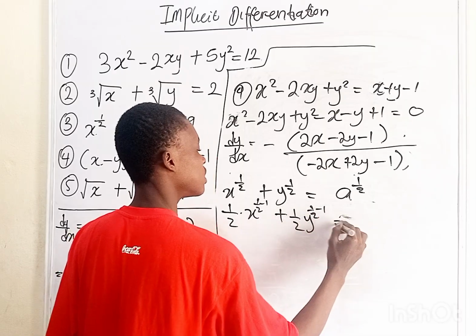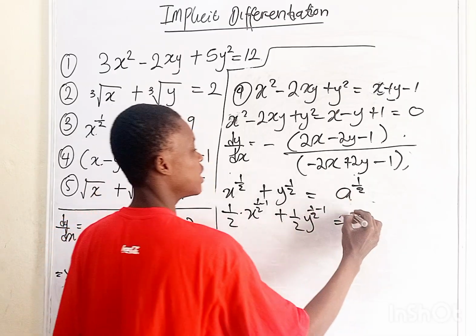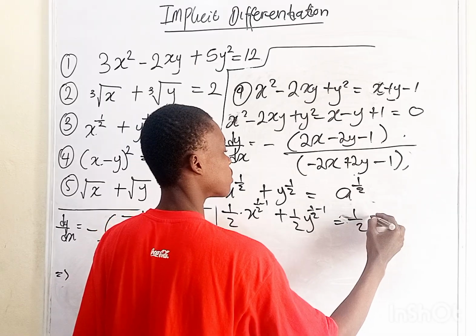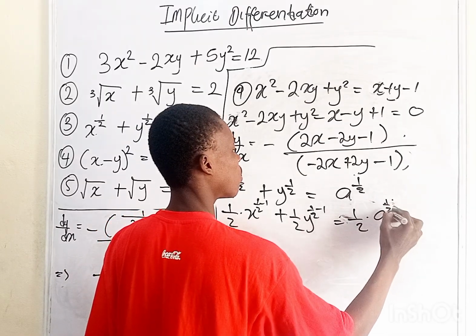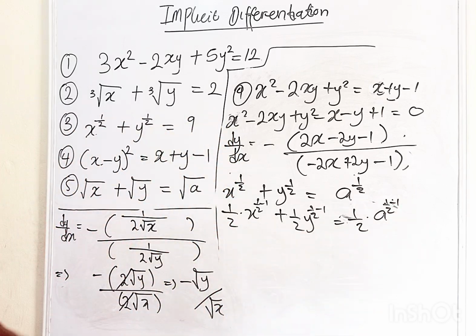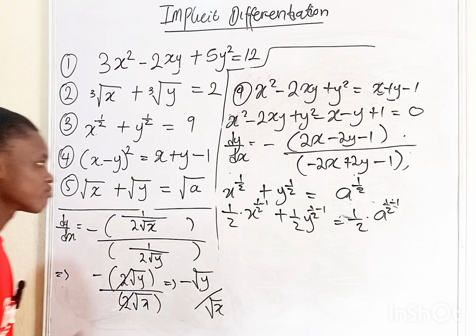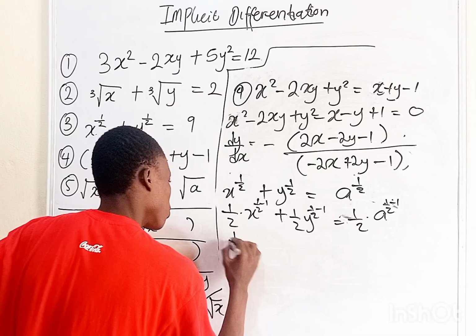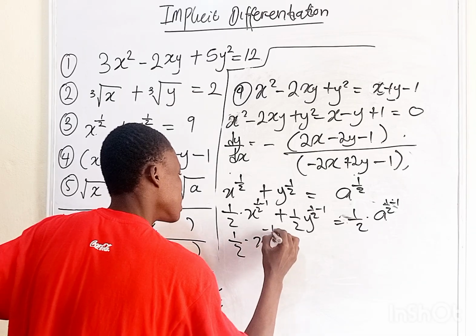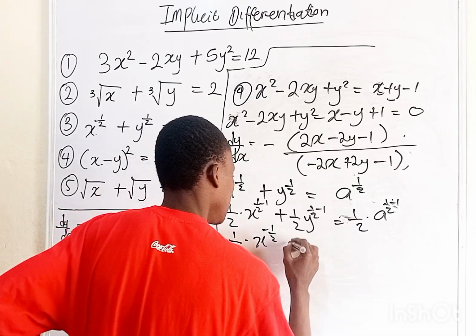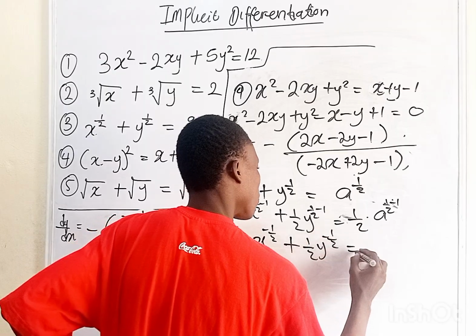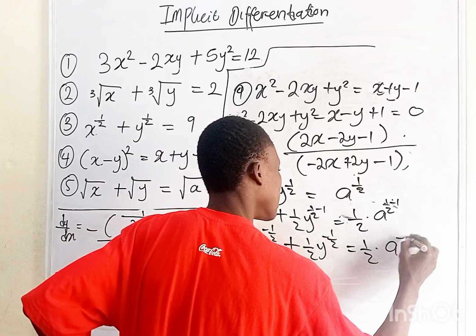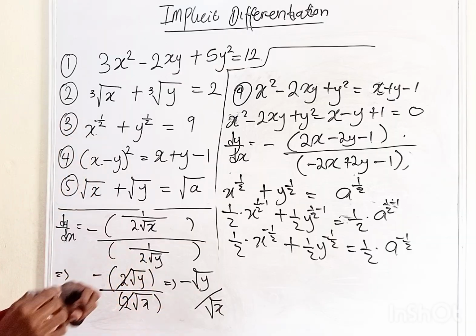Now this equals, if we differentiate, okay, let's differentiate 1 all over 2 multiplied by what? A negative 1 over what? 2, or 1 over 2 minus 1. But note that a is a constant. So if we work on this, we have that this is 1 all over 2 multiplied by x to the negative 1 over 2 plus 1 all over 2 y to the negative 1 over 2 equals 1 all over 2 multiplied by a to the negative 1 over what? Over 2.